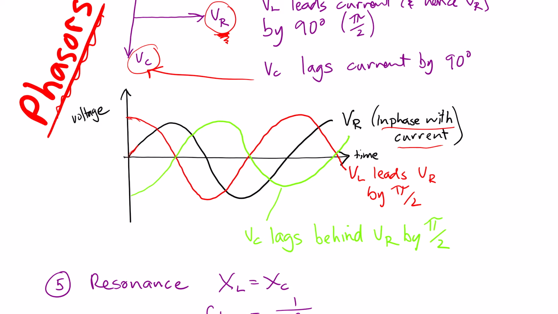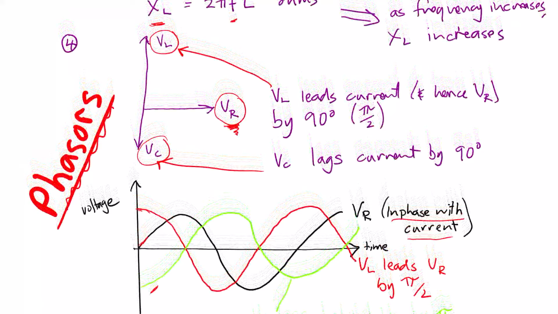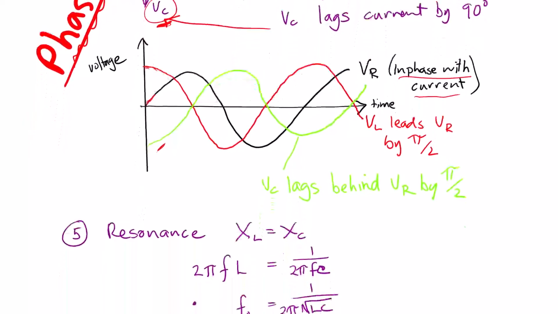And the green again, that's the voltage across the capacitor. So again, if we look back at this diagram here, we see that the current and the voltage through the resistor are in phase. The voltage across the inductor is 90 degrees ahead. The voltage through the capacitor is 90 degrees behind the voltage in the resistor.